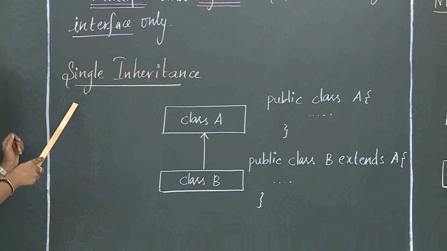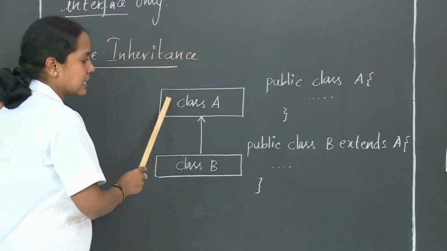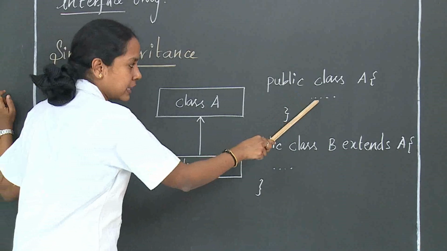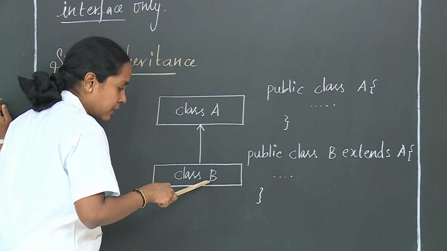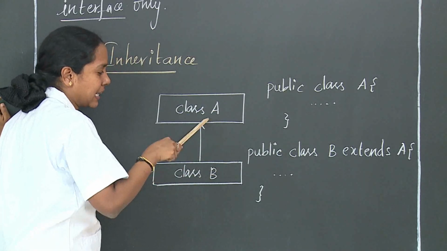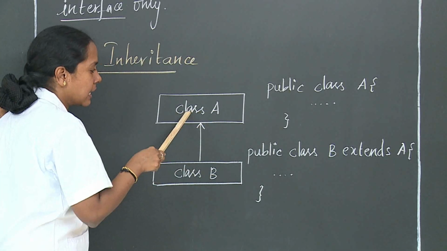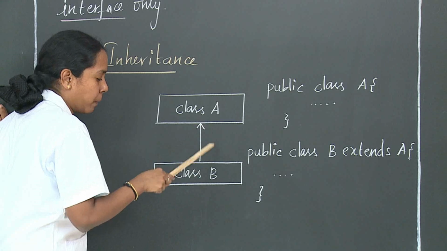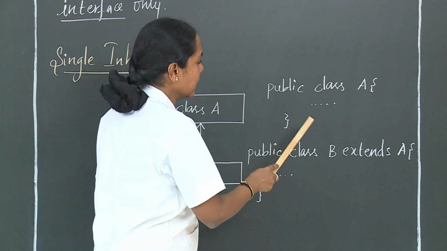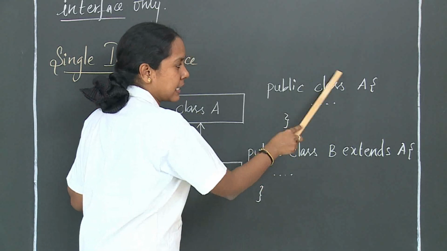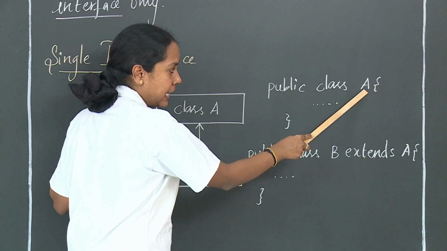So first one is single inheritance. Here I am deriving class A's properties and accessing them from class B. That is, the diagram is class A, and I am accessing the properties of class A from class B. Okay, here the syntax. public class is the keyword and A is the class name.